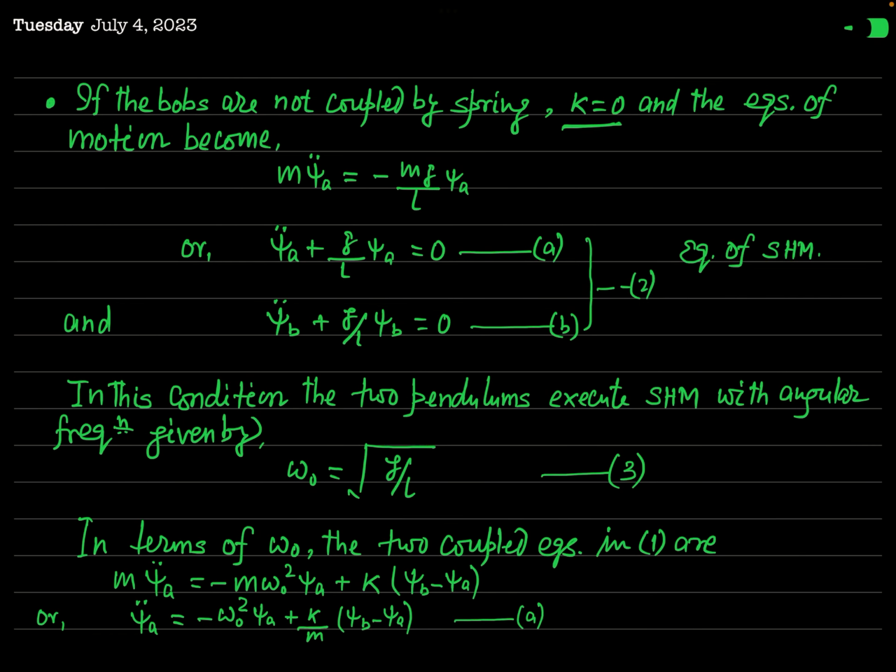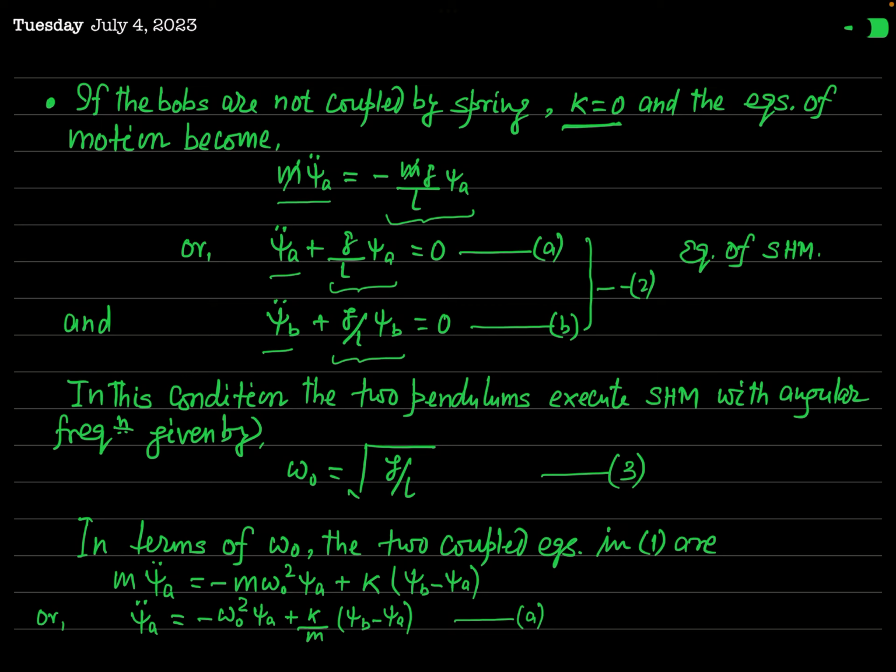So the equations of motion of A and B will simply become: m times psi A double dot equal to minus mg over L times psi A. And this m and this m will cancel out, and your equation will be psi A double dot plus g over L times psi A equal to 0. Similarly, the second equation of motion will be psi B double dot plus g over L times psi B equal to 0. Now see these two equations.